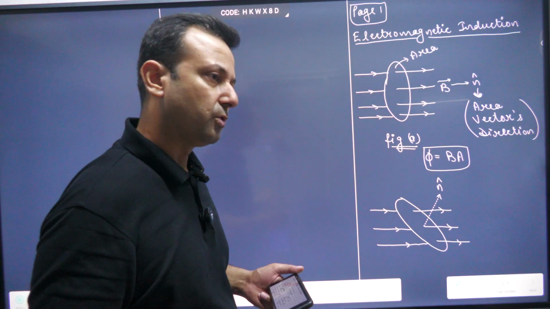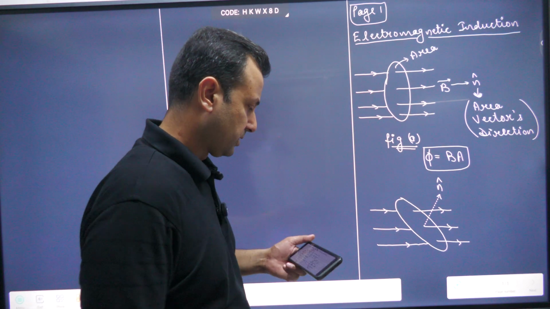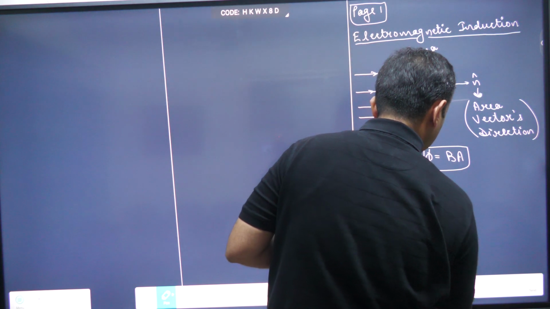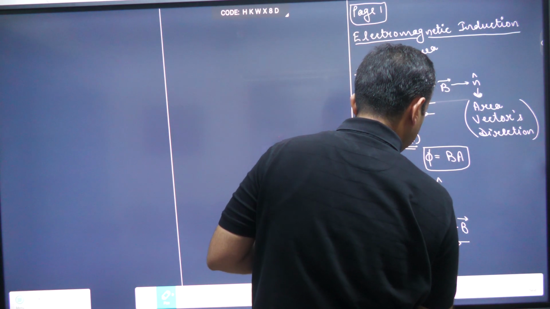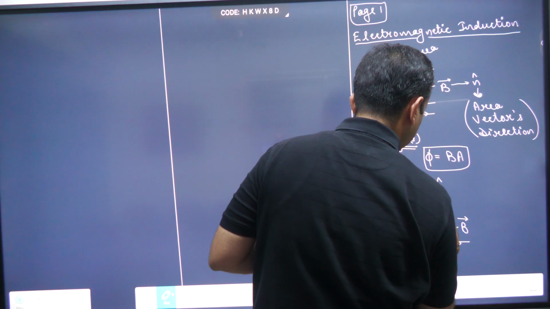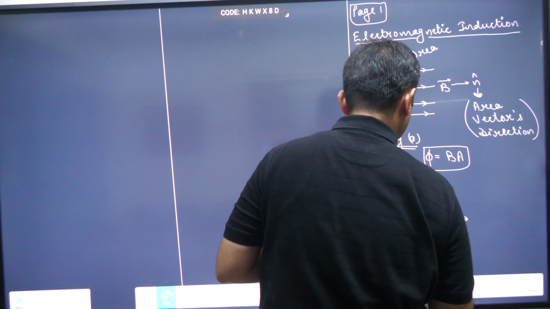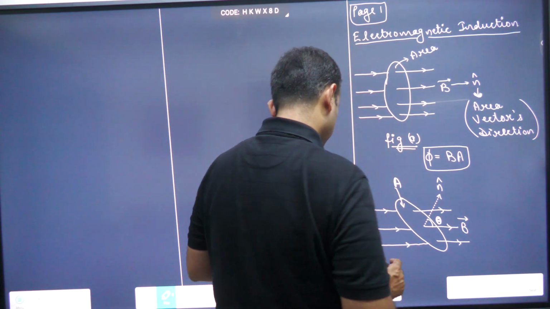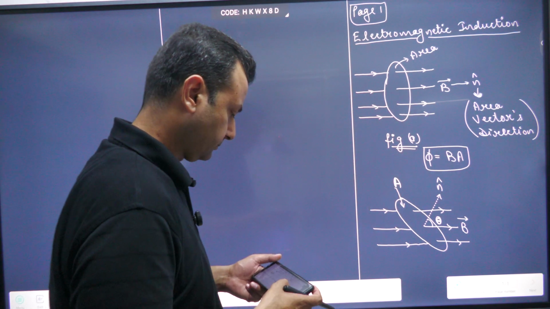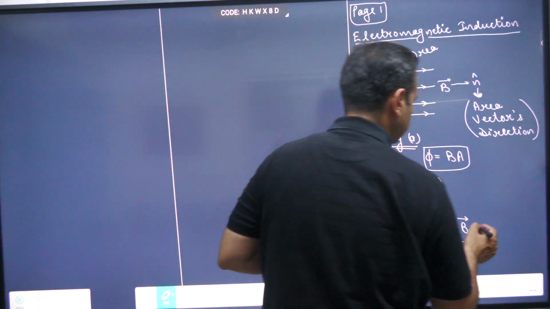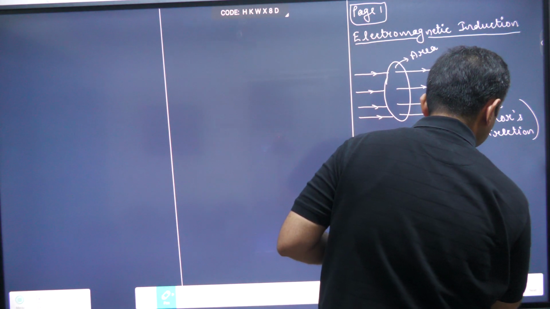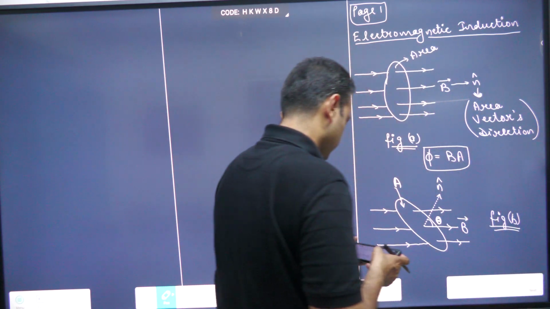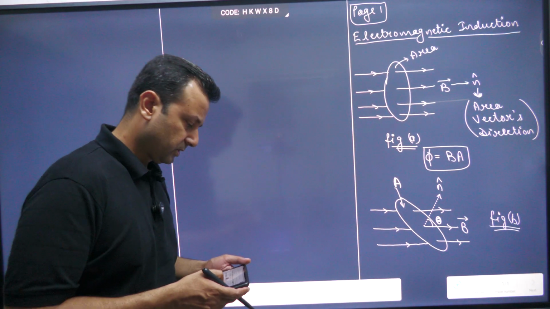The area vector's direction is always normal to itself. So this is n cap, this is B vector, and the angle between n cap and B vector is theta, and the area of this loop is capital A. Now, this one is figure B.